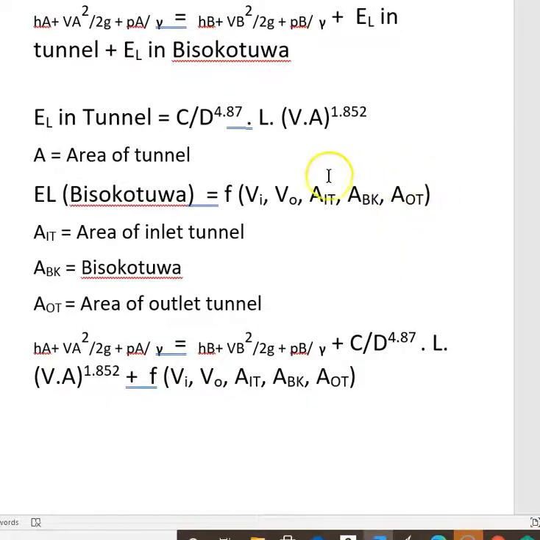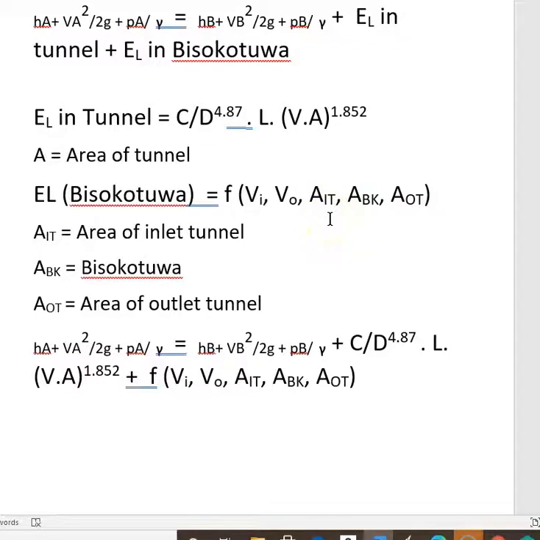So this has to be modeled, and I have seen people modeling it in various papers. They make small structures like Bisokotuwa, find the flow rates and pressure and all that, and then try to model this.